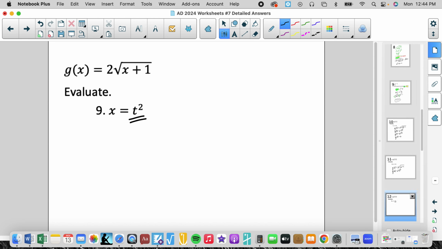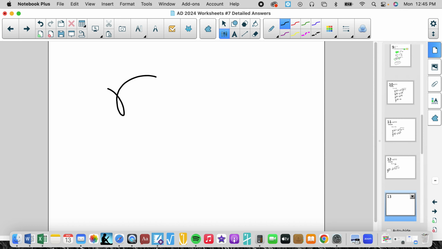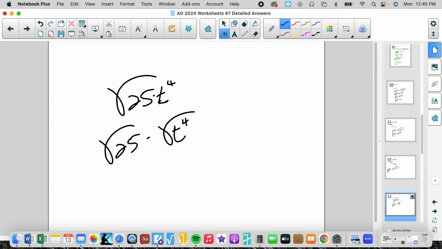So x equals t squared. So g of t squared equals 2 times the square root of t squared plus 1, and that can't be simplified. That cannot be broken up. So remember, when we have, let's say, the square root of 25t to the fourth, because it's being multiplied, we can break those up into their separate square roots, and we get 5t squared.